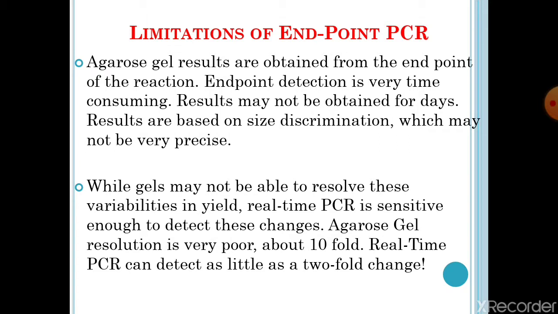Secondly, the results are based on size discrimination, which may not be very precise. While the gels may not be able to resolve these variabilities in yield, real-time PCR is sensitive enough to detect these changes. For example, in agarose gel, resolution is poor, about tenfold, but real-time PCR allows as little as a twofold change to be detected.